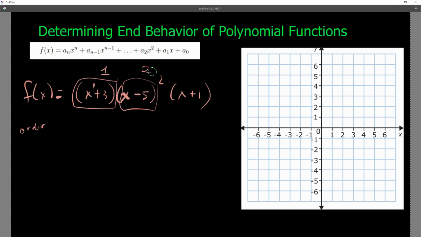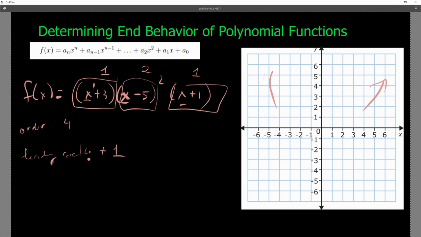This one gives you a second degree. And this one gives you first degree. So the total order is 4. The leading coefficient is the one in front of the largest exponent. If you multiply the biggest x by the biggest x by the biggest x, it becomes a positive 1. The order is 4, so it's even, and both ends point in the same direction. The leading coefficient is positive, so the right side points up. That means the left side has to point up also because it's even. They both point in the same direction.